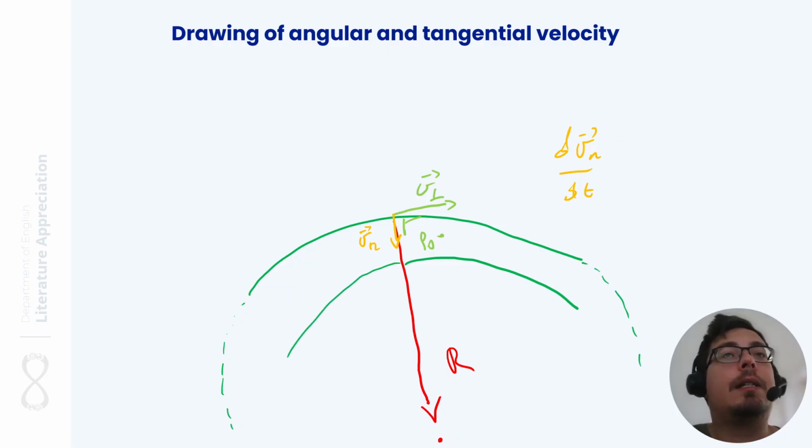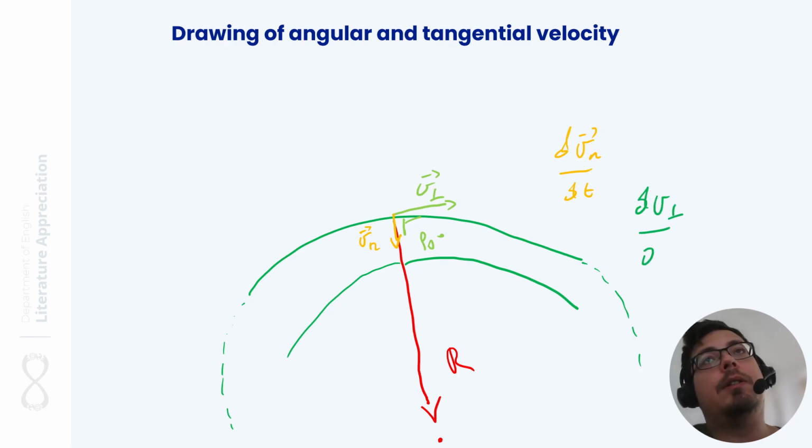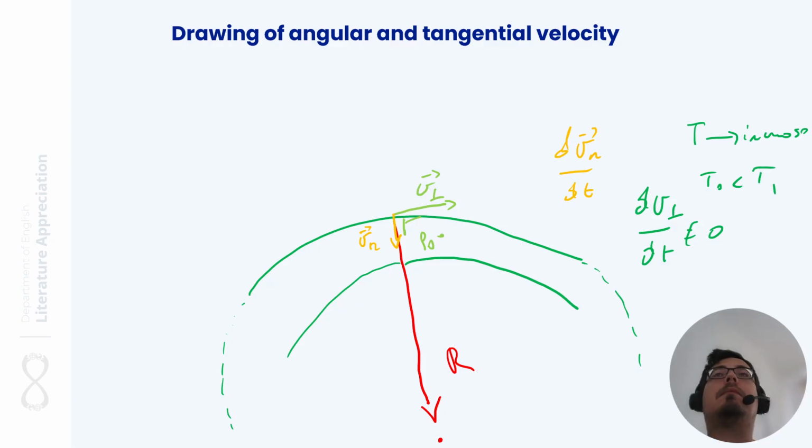And if there is an acceleration along the tangential velocity, different from zero, the rate at which the speed changes, so the period, will change. So t0 will become smaller than t1 if the tangential velocity is different.